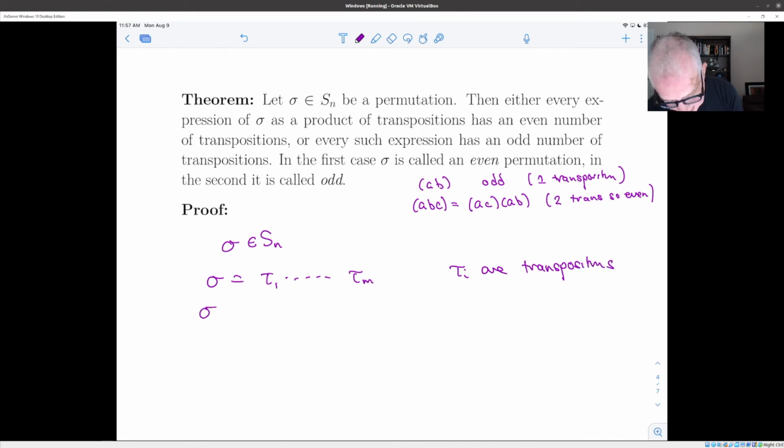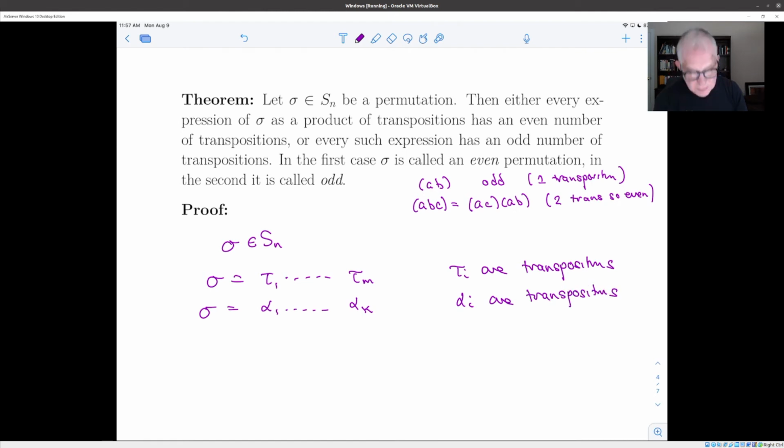And you also write sigma as, let's call them alpha 1 up to alpha k, where the alpha i are transpositions. And what we need to show is that either m and k are both even, or m and k are both odd. And to do that, we write sigma inverse sigma as (alpha 1 up to alpha k) inverse times tau 1 up to tau m.